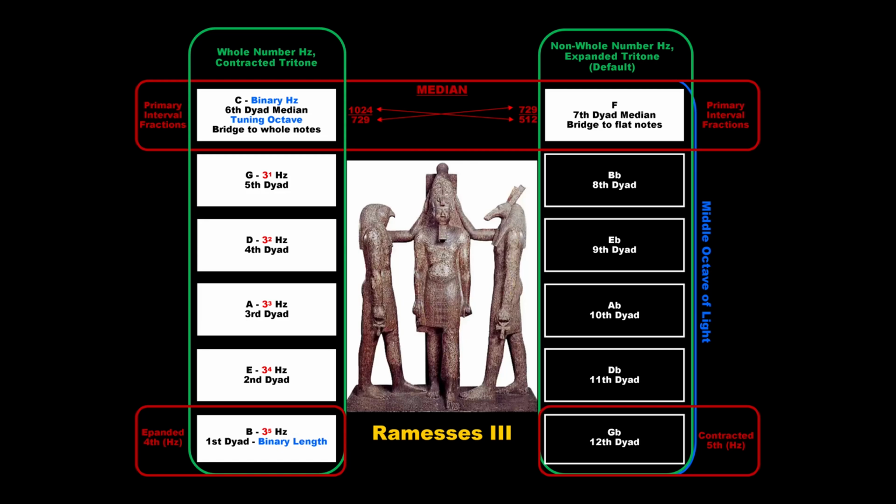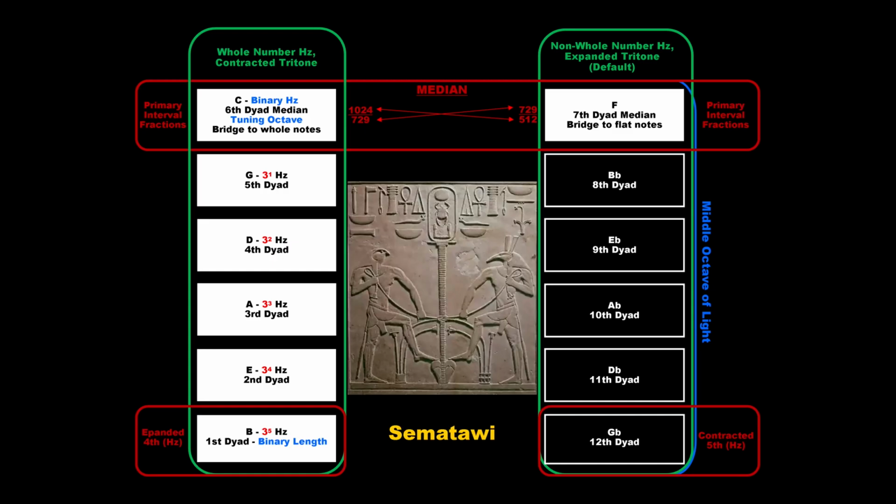And that's very similar to the statue of Ramses, where Ramses himself is the central person with both the god of light, Horus, who is associated with the sun, and the god of darkness, Set, on his left side. But yet he exists as a perfect balance between those two. And here we see another version of this in what's called the Semitawi, which is the unification symbol of Horus and Set around a central pillar or object.